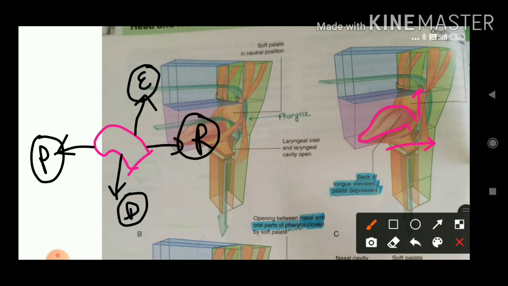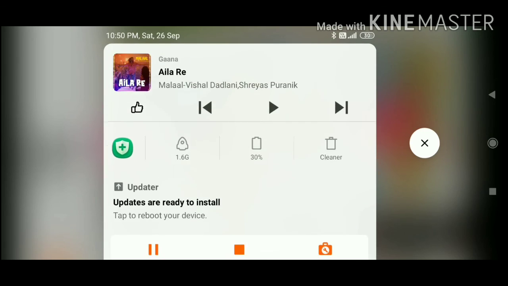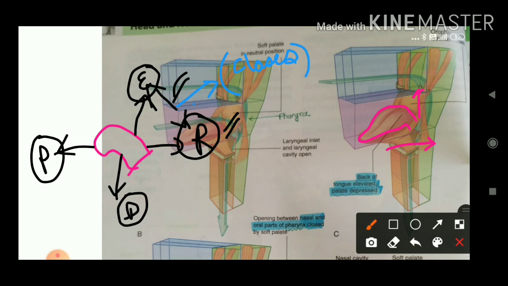So if the tongue elevates and retracts, then the oropharyngeal isthmus closes. But if the tongue is protruded and depressed, then the oropharyngeal isthmus opens.